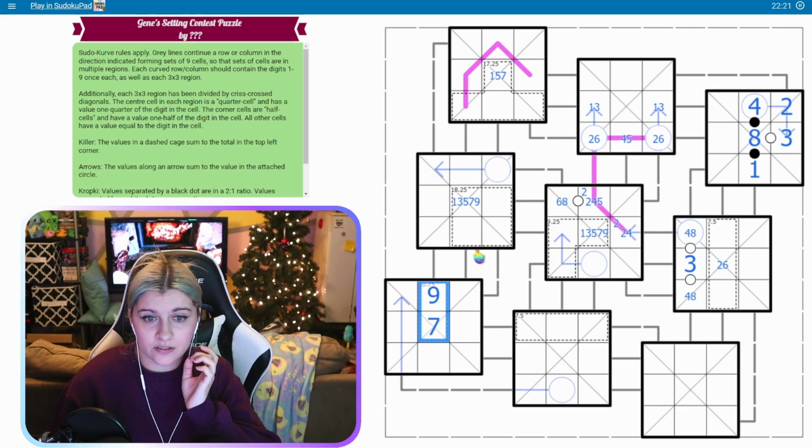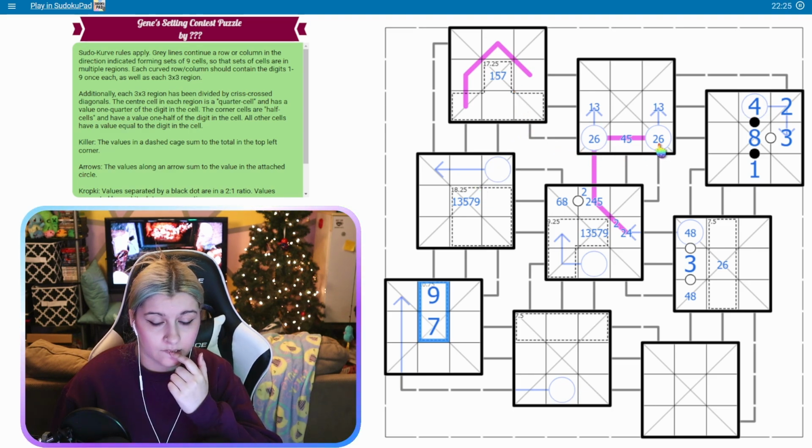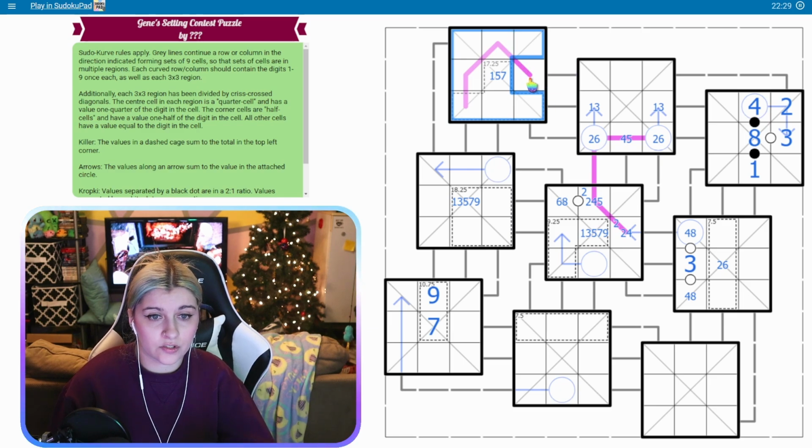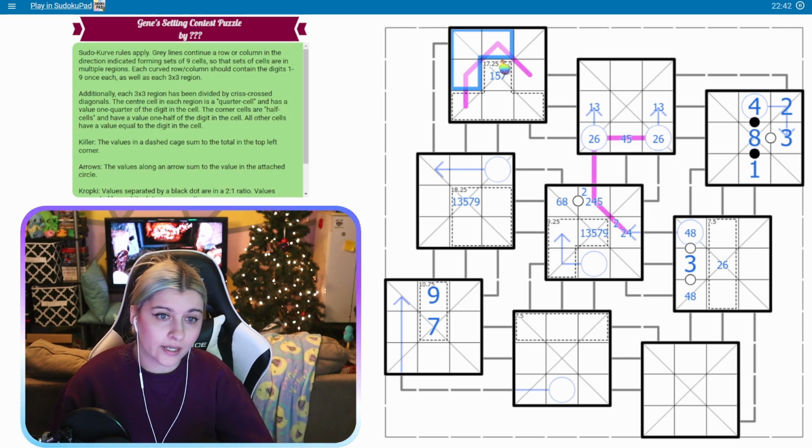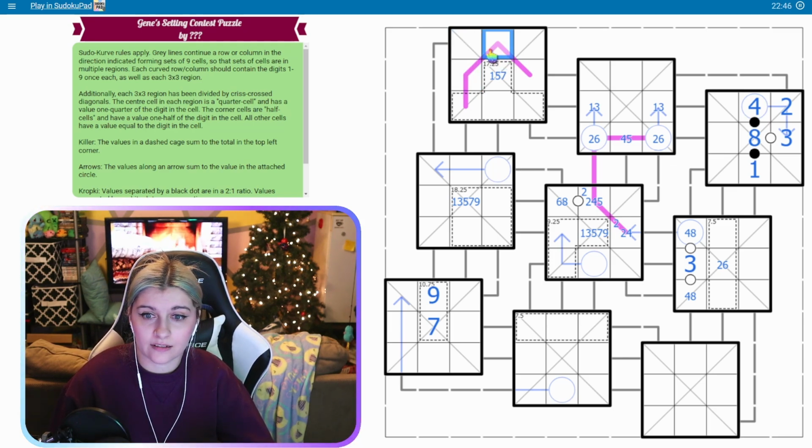Eventually I'll be able to start doing like, hey, I do need a 2 in this region somewhere. I can't put 2 here. Oh, I also have this Rinban. I can't put a 2 here. I also can't put a 2 here. So one of these is gonna have to be a 2. Okay. Something like that.